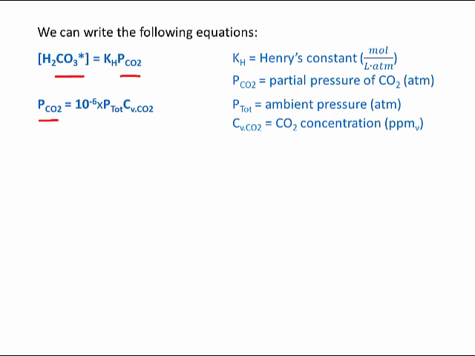We can express the partial pressure of carbon dioxide as the product of the total pressure and the concentration of carbon dioxide in the atmosphere. 10 to the minus sixth is the conversion from parts per million by volume to mole or volume fraction.